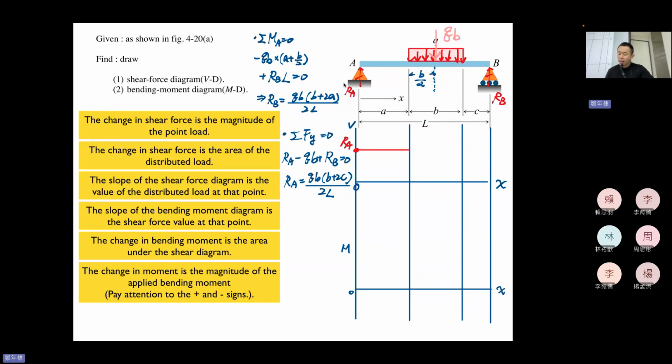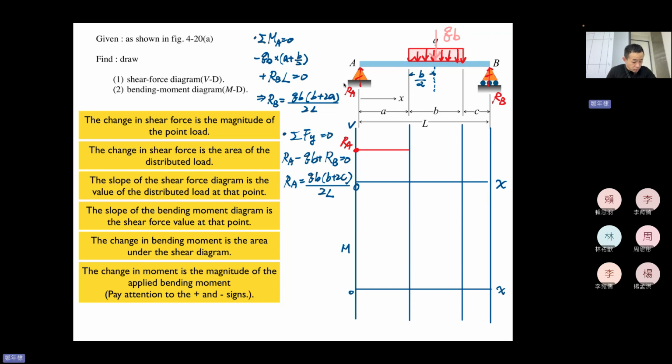So RA minus QB will be the change of shear in this section. So RA minus QB, what will it be?